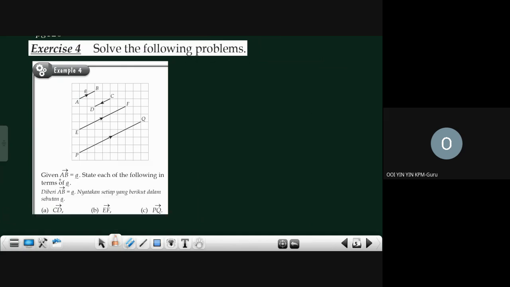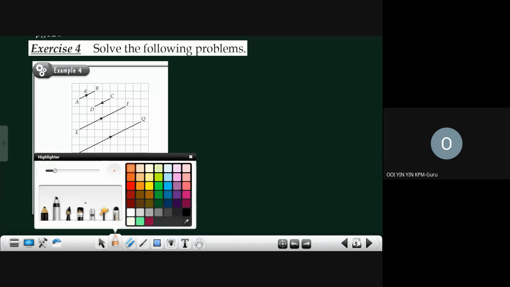Given vector AB equals A. You see this one, the upper one here. AB equals A. And then state each of the following in terms of A. So now they want you to state each of the following: your CD, your EF, and your PQ in terms of A.